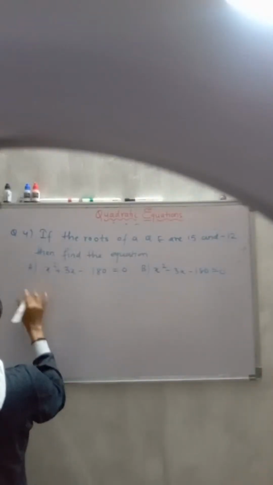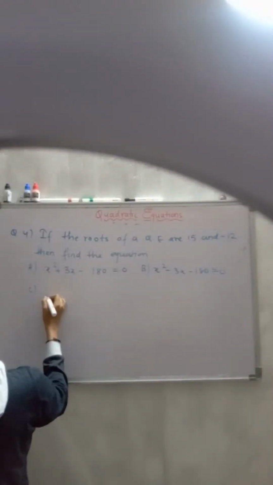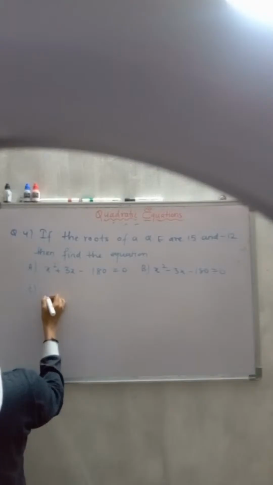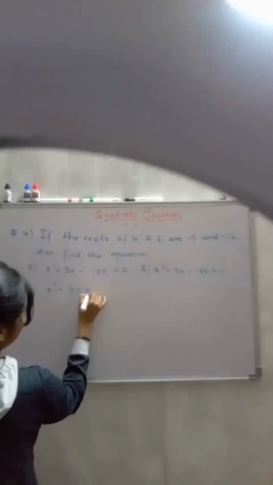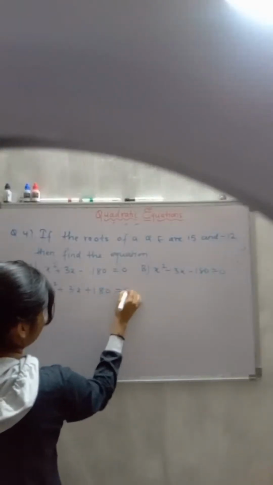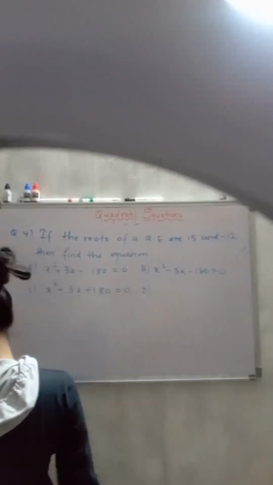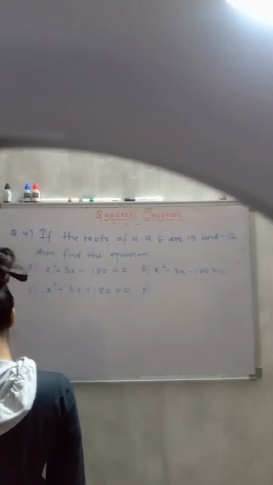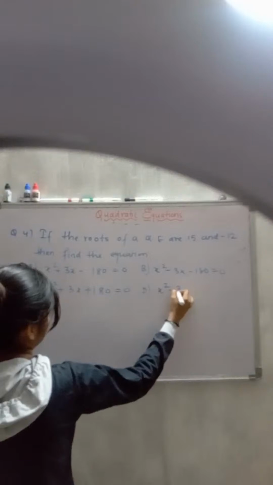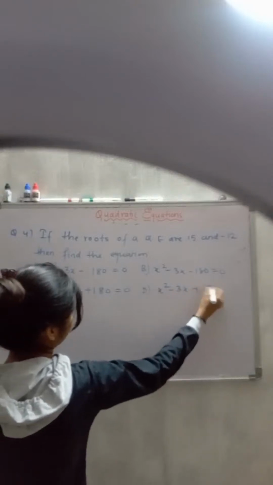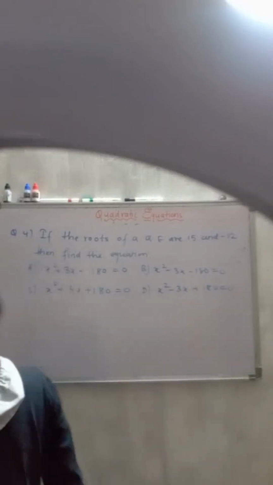C x square plus 3x plus 180 equal to 0; or D x square minus 3x plus 180 equal to 0.